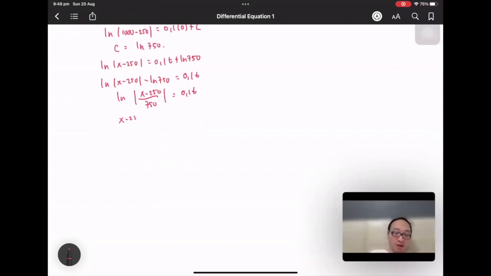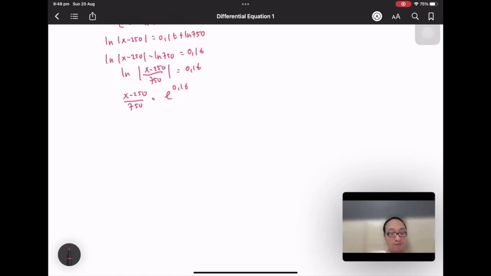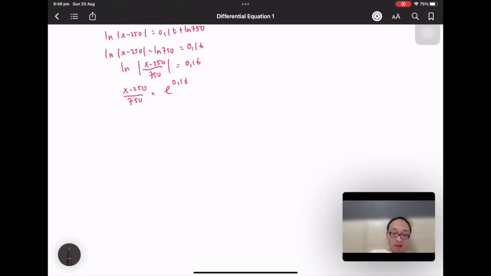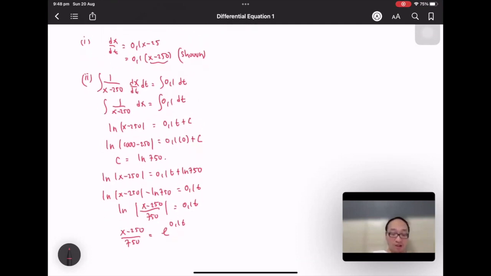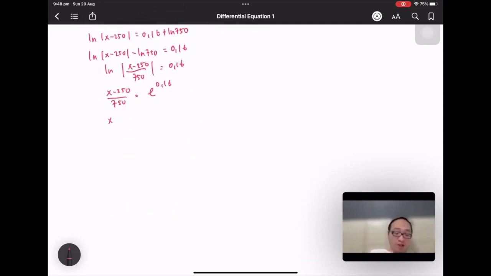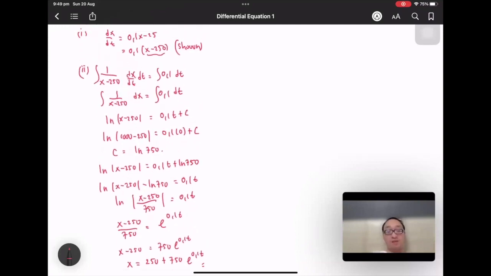So (x minus 250) over 750 is e to the power of 0.1t. And then we only have one x here, so it will be easier. So x minus 250 equals 750 e^(0.1t). So x equals 250 plus 750 e^(0.1t). So this is the final expression.